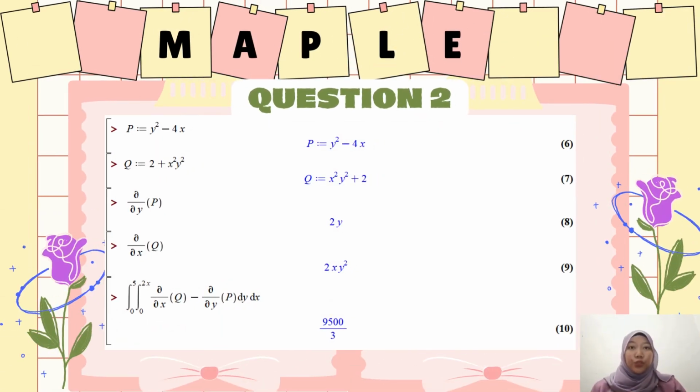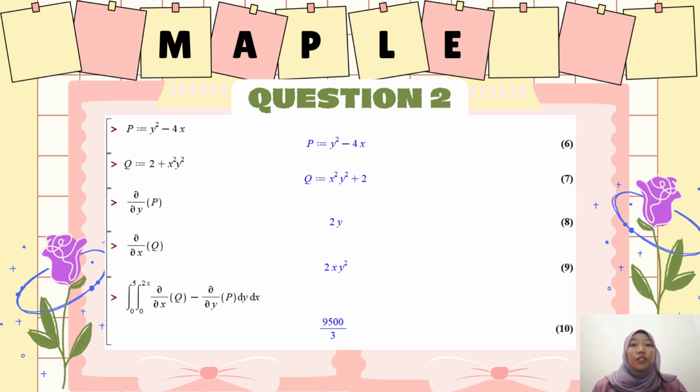Next, for question 2, the steps to get the answer are the same as question 1. Firstly, we let the equations from question 2 be P and Q. Then, we differentiate both equations. For equation P, we also differentiate with respect to y, and equation Q with respect to x.